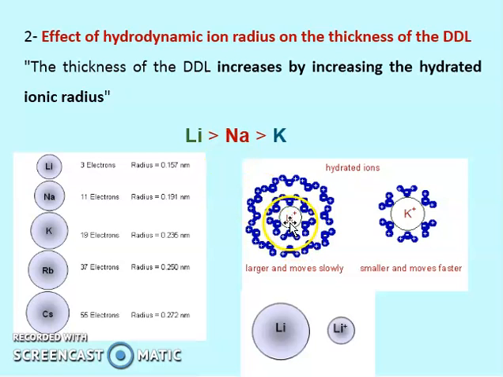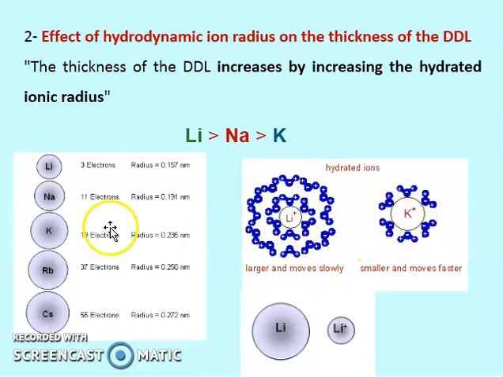The ion radius is the radius of the ion only, but in water solution, the ion absorbs some molecules of water, a film of water molecules, and the ion with the lower diameter absorbs more water molecules than the one with higher diameter.